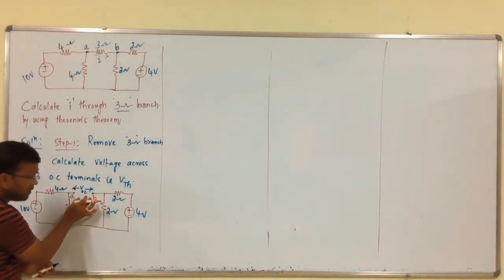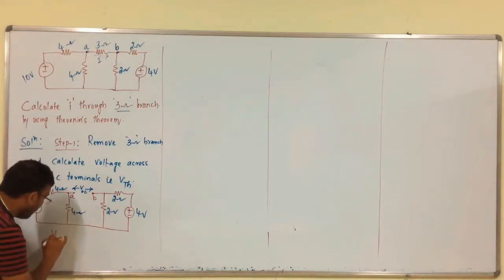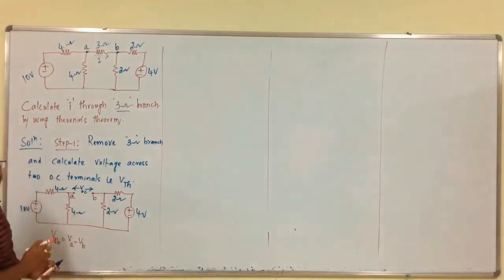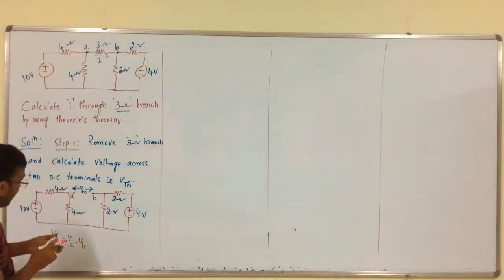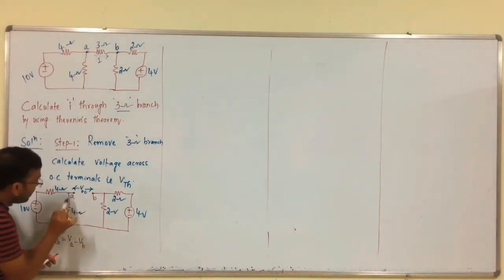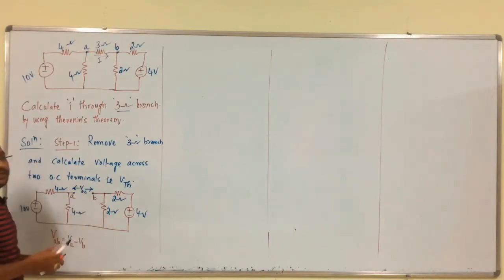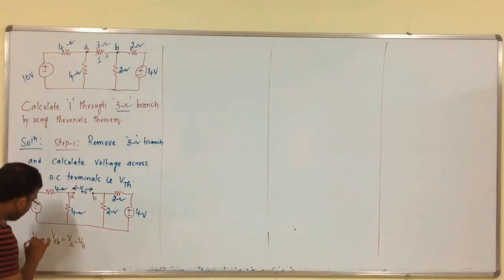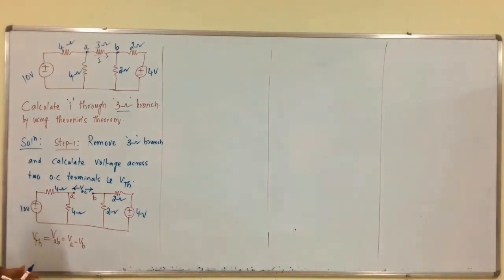The voltage between these two terminals means VAB, which is equal to VA minus VB. So, we have to calculate the voltage at this terminal and the voltage at this terminal, and finally subtract those two voltages. VTH is nothing but VAB, which is equal to VA minus VB.